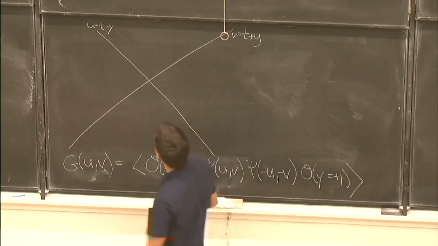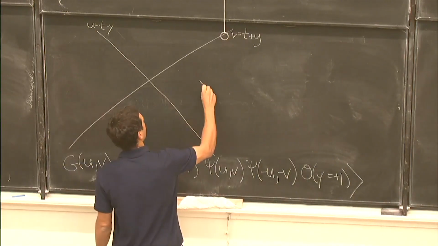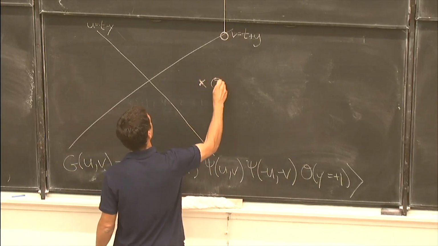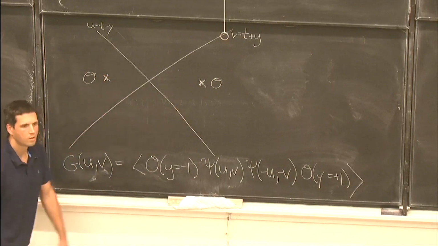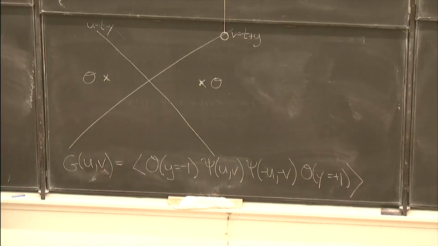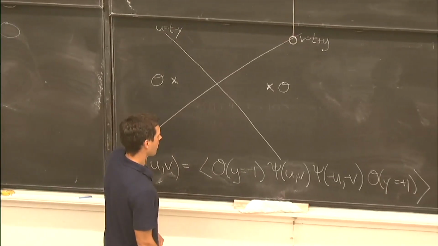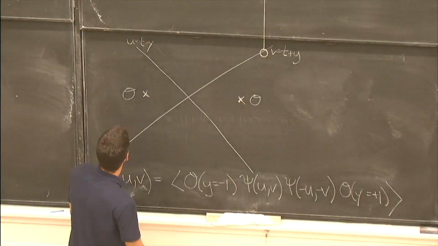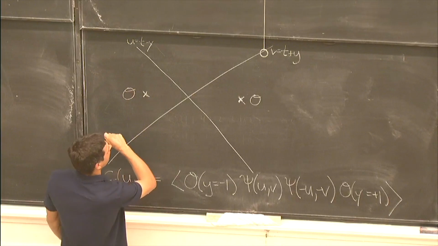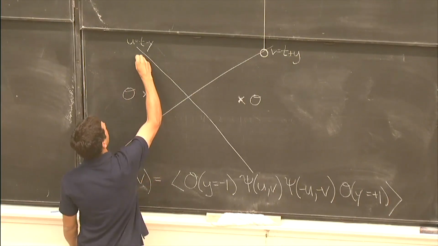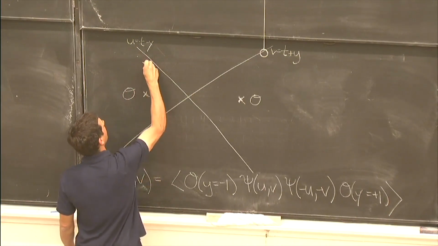So the kinematics on this picture: we have an operator O in each Rindler wedge here, one on the right and one on the left. And then we have this operator psi, which will go up here somewhere.